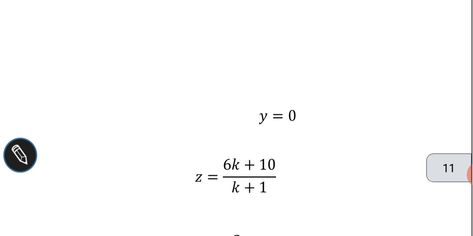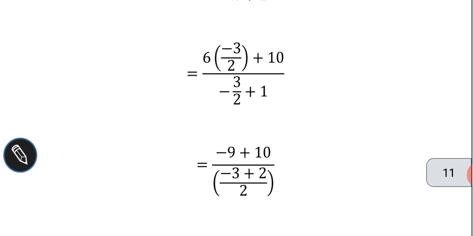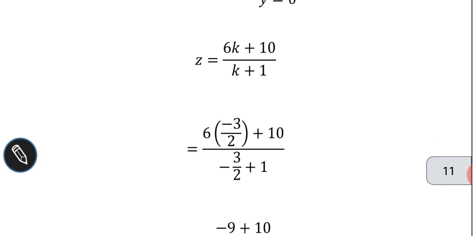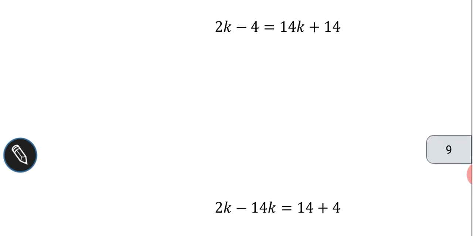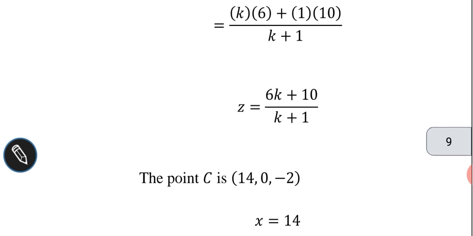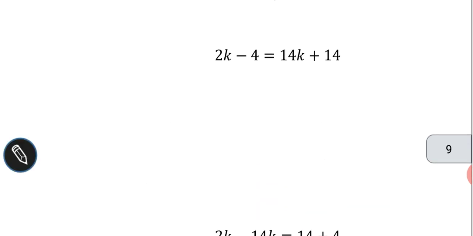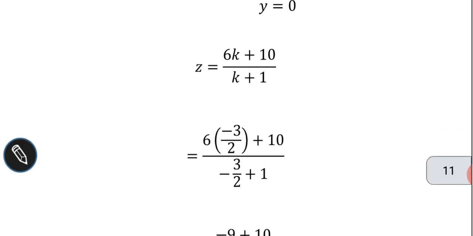So for k = -3/2, we have z = -2. For point C, the z coordinate is also -2.